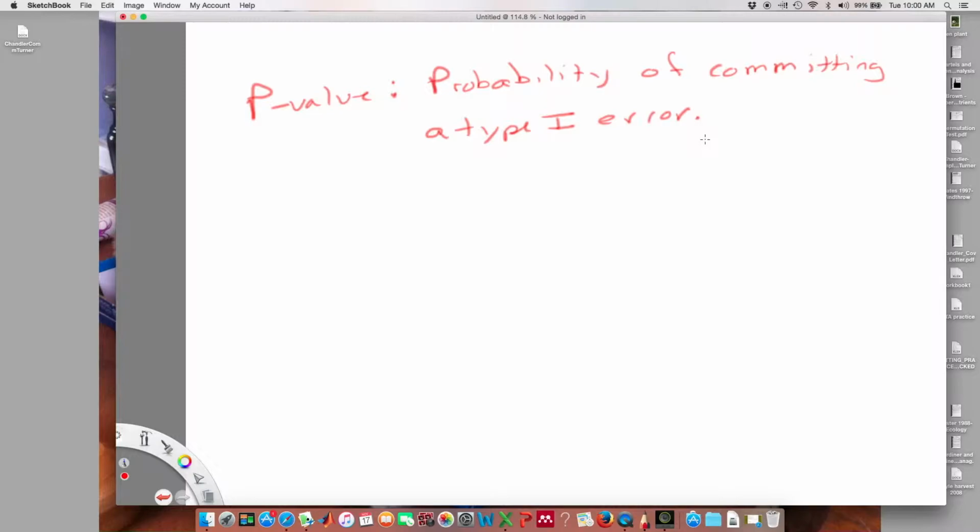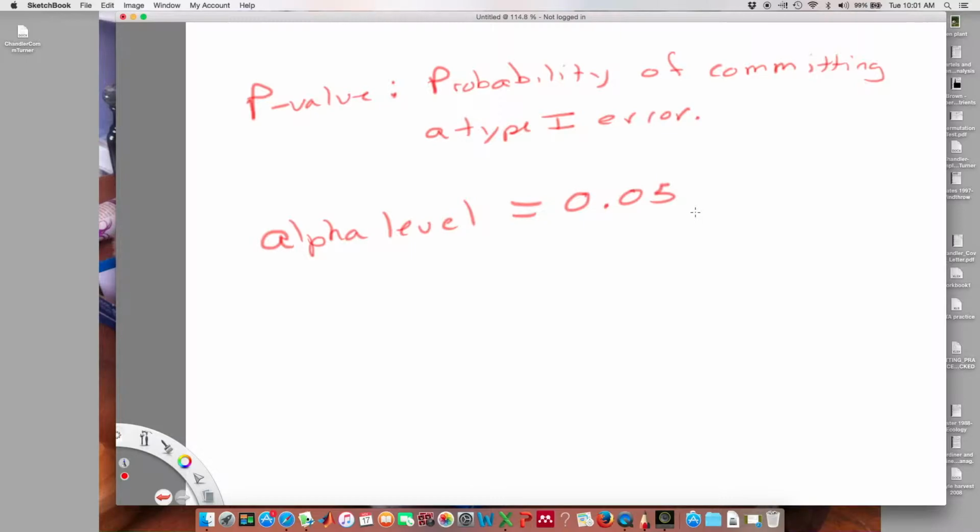So let's put that simply again. It's the probability of saying there is a difference among means when in reality there is no difference. And we want to control for that. So we do that by setting something called an alpha level. And you don't need to worry about what alpha level means, but I just wanted to let you know what it's called. And in science, we typically set that at about 0.05. So we judge our p-value based on this alpha level of 0.05.